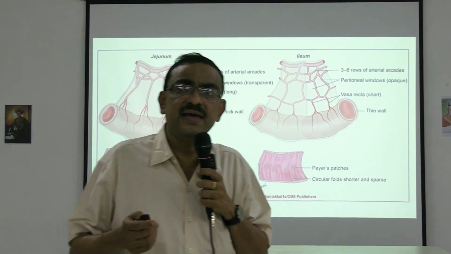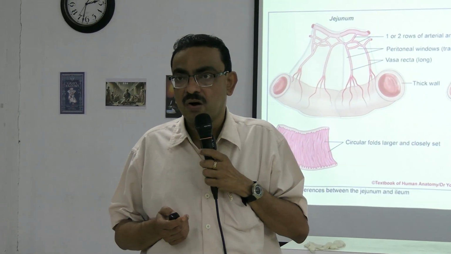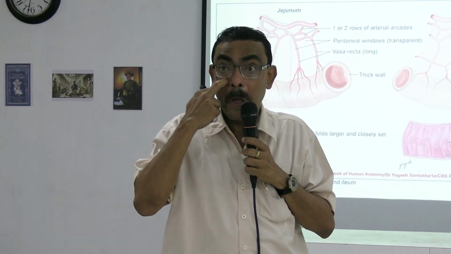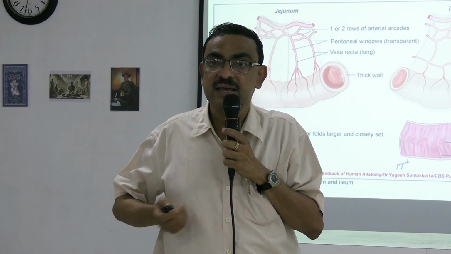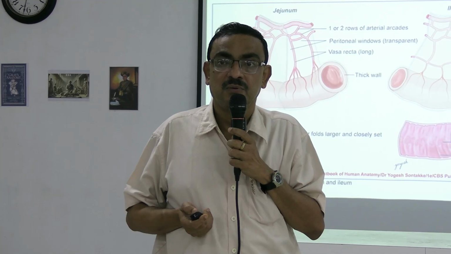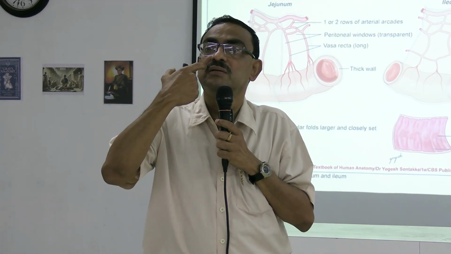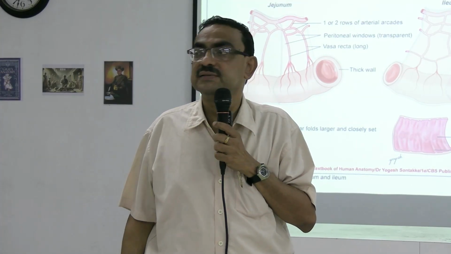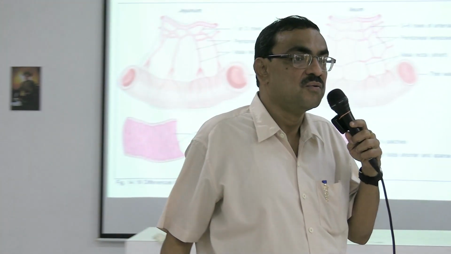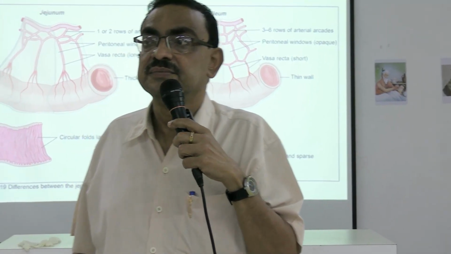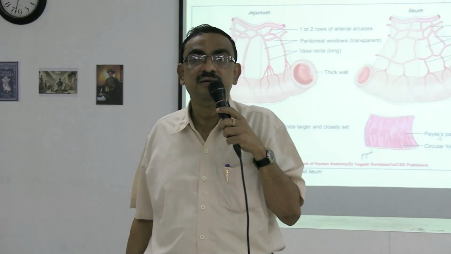If we see the inside of the lumen of the jejunum and ileum, what can we find? In the whole gastrointestinal tract, we can find the aggregation of lymphoid tissue.